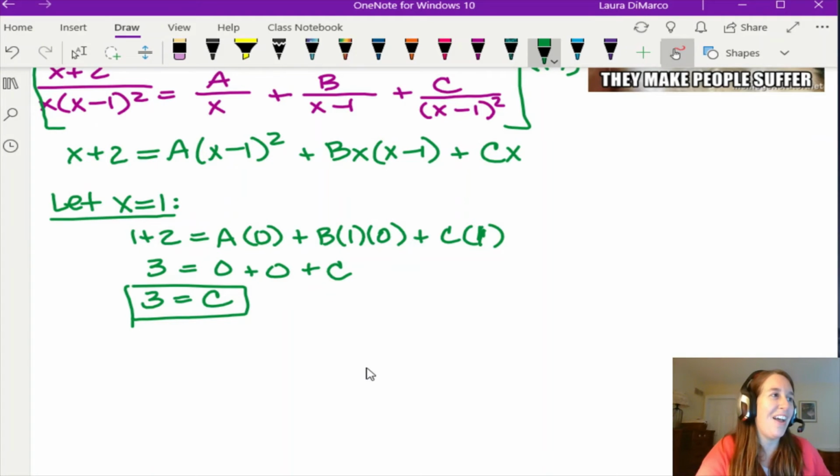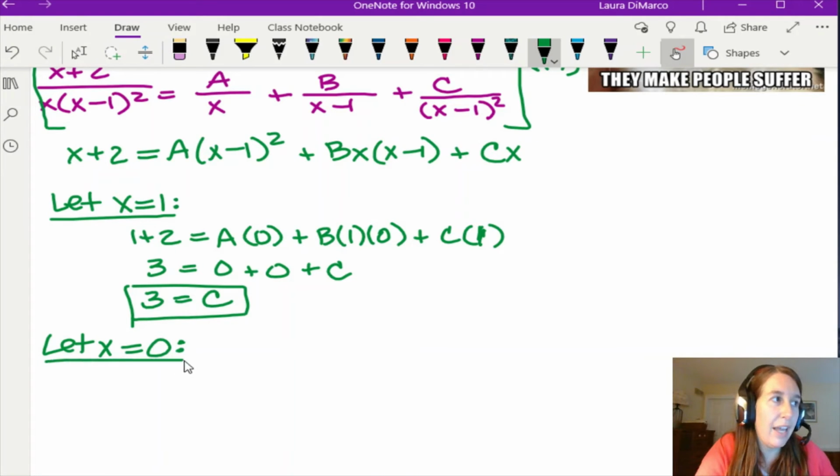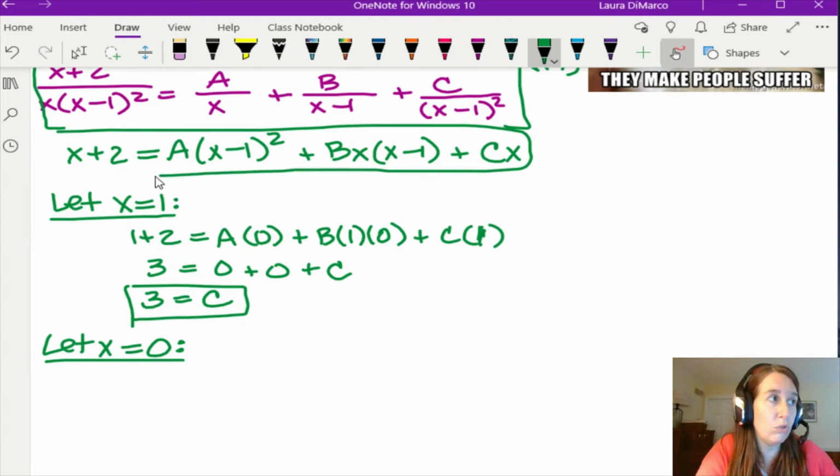All right, now what if we set x equal to 0? And I'm going back to my original equation that I came up with, this equation right here. Now I picked 0 on purpose as well. I think it's going to be really helpful too.